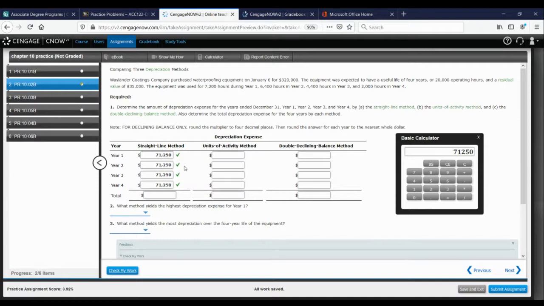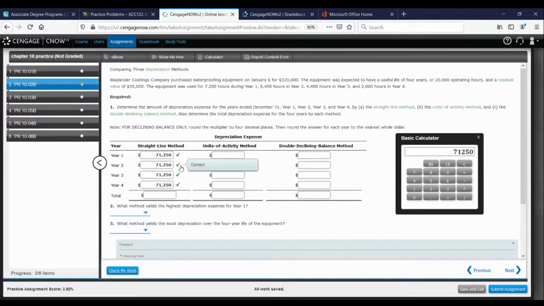An equal annual amount will be the amount that you record for your depreciation expense each year. You might remember from ACC 120 that you would do a journal entry where we would debit depreciation expense and credit the contra asset account called accumulated depreciation.